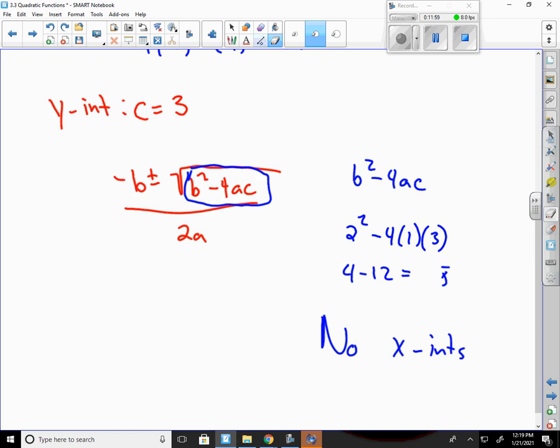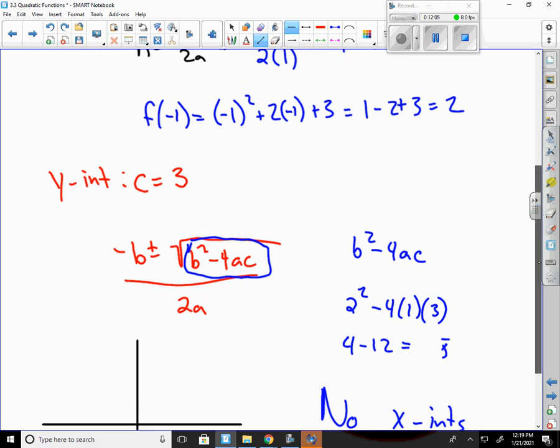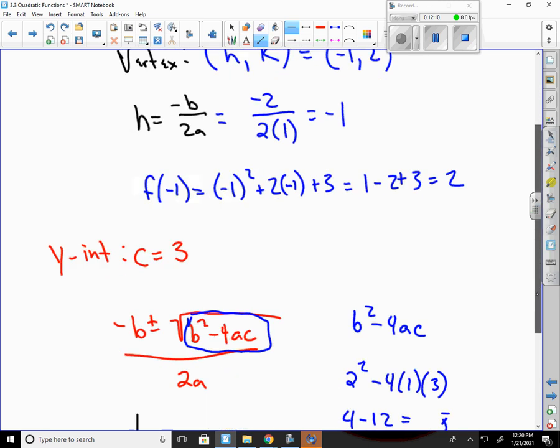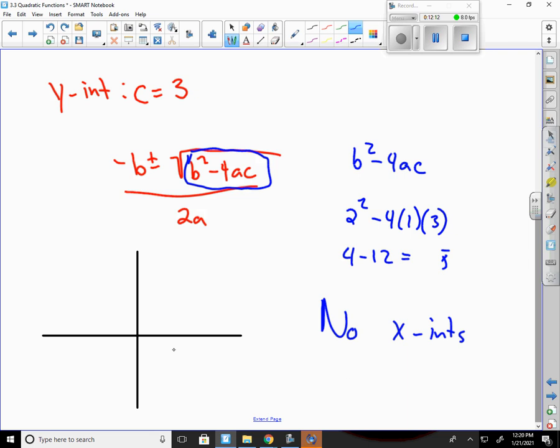Our last step is to graph it. And given the basic information that I have, I can graph this. I have that my vertex is negative 1, 2, and my y-intercept is 3. So if I go back to negative 1 and up to 2, that's my vertex. My y-intercept is 3. So to get to here from my vertex, I went over 1 and up 1.